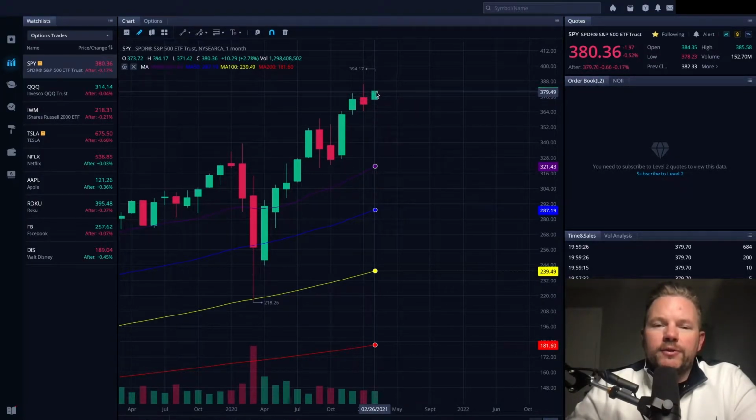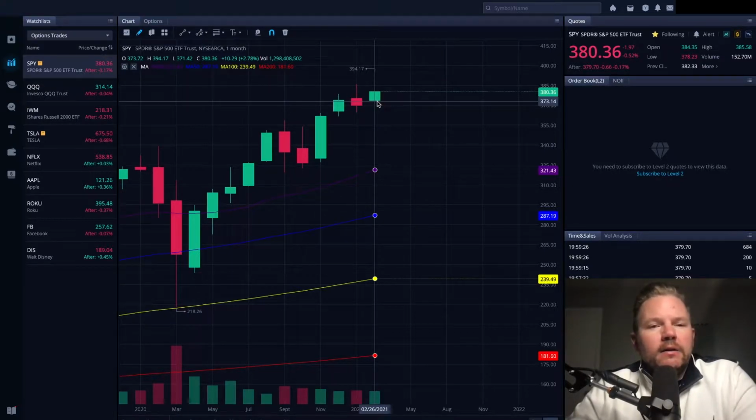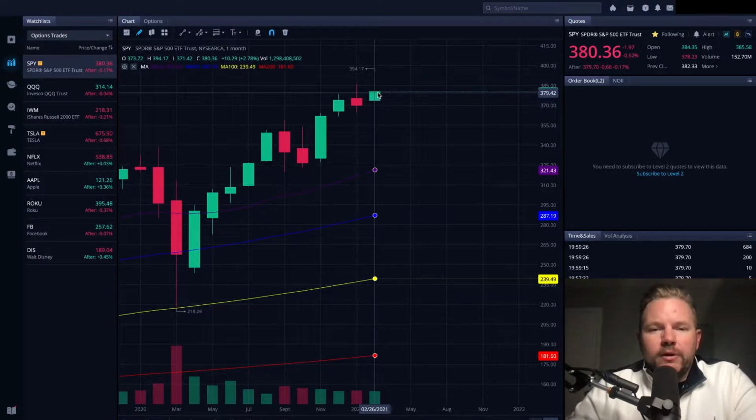That's representing the open to the close price. So if it's green, like I said, that means it closed higher. The bottom of the body of this candle is 373.72, which is what the month of February opened at. It closed at 380.36. So that was a green month.